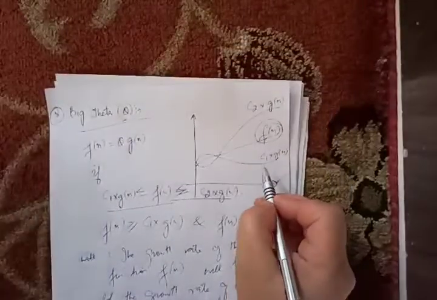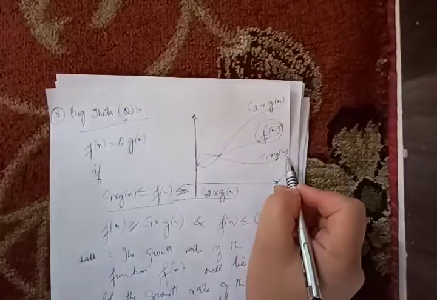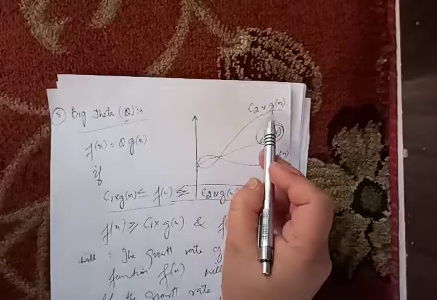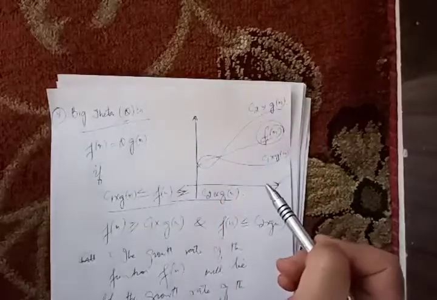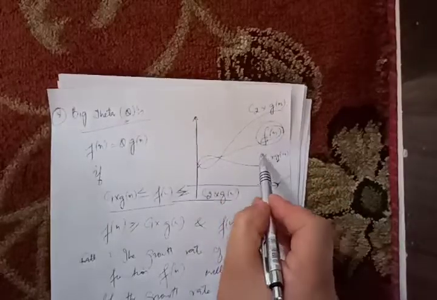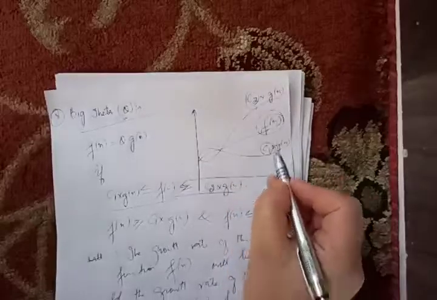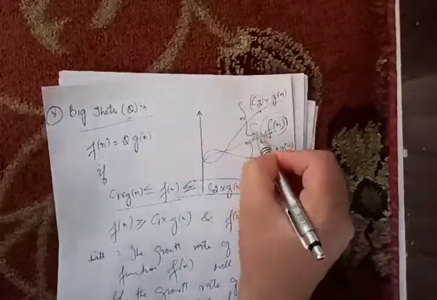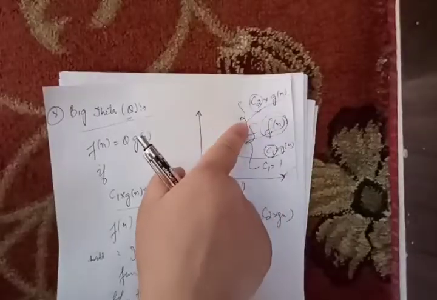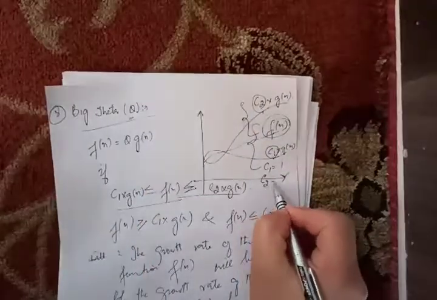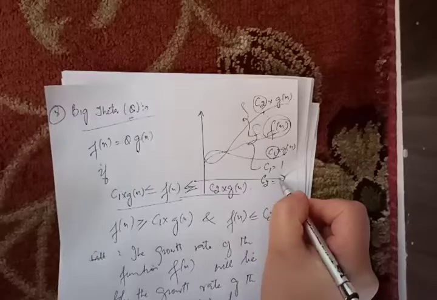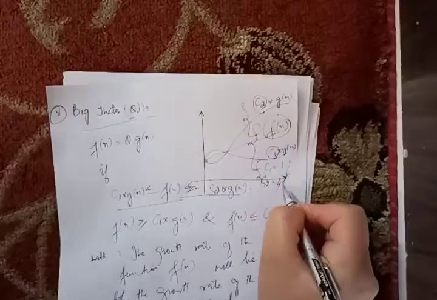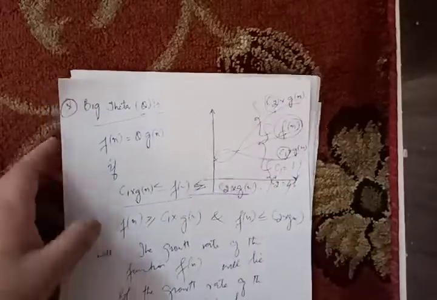Always remember, here I wrote constant 1 times g of n, here I wrote constant 2 times g of n. It means that these constants may vary. If for this I take constant 1 equal to 1, it's not necessary I have to take the same constant for this. I can change the constant. I have to see what constant I should take so that my conditions will get satisfied.